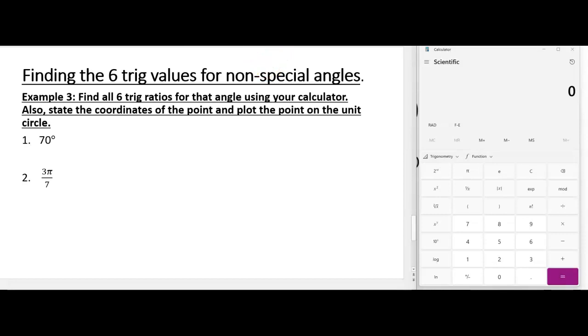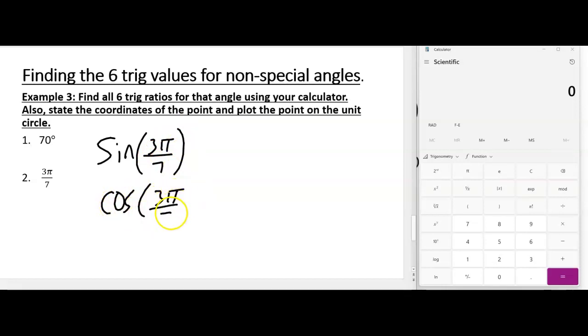All right, so here we go. We're going to begin by finding sine of 3 pi over 7, cosine of 3 pi over 7, tangent of 3 pi over 7 first. So let's do that.